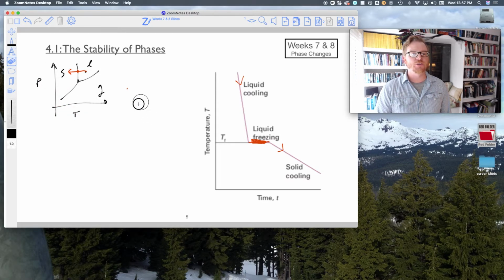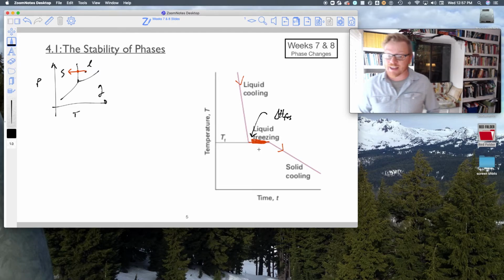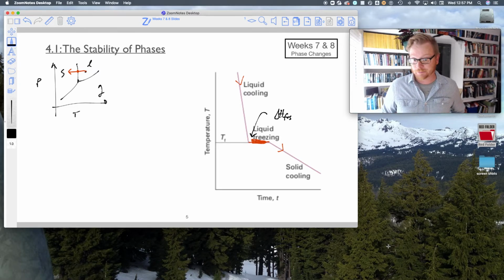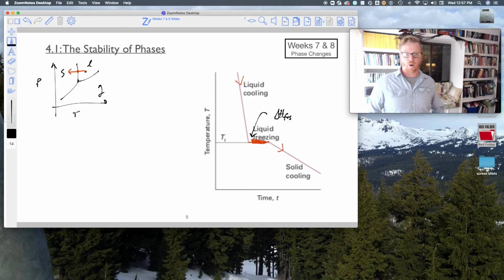And that is due to the latent heat of the phase change, or in other words, the enthalpy of fusion is what's driving that constant temperature. And what's also important to note, I can never get this liquid colder than its freezing point.